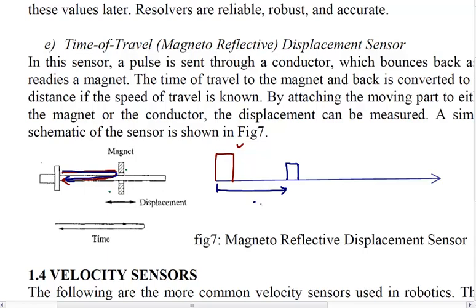So based on that time and the speed with which the pulse is traveling in the conductor, we can exactly calculate how much distance it has gone. So if we attach our movement to this magnet, the magnet will move here and there, and based on that we will get the time of travel, which is different. With that we will be able to find out what is the displacement.